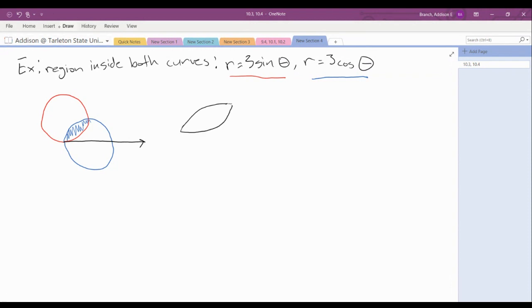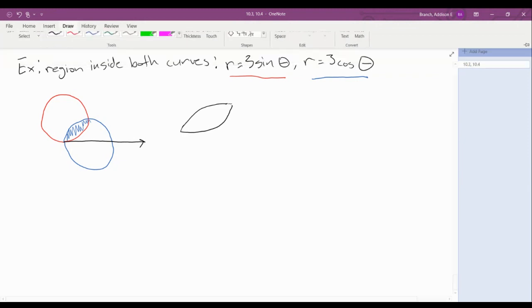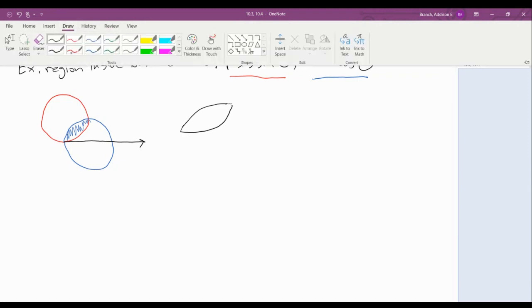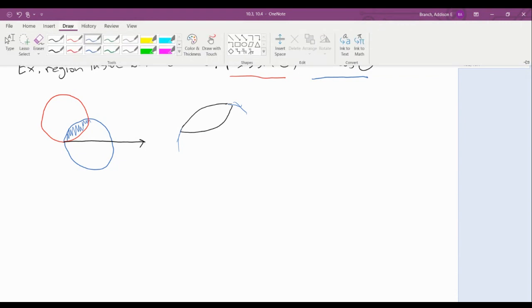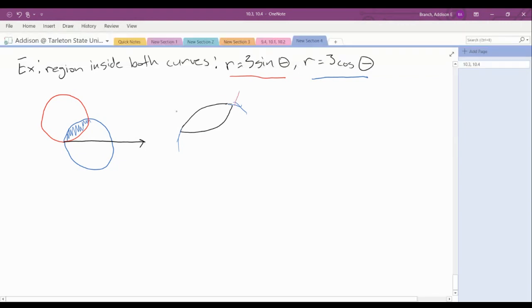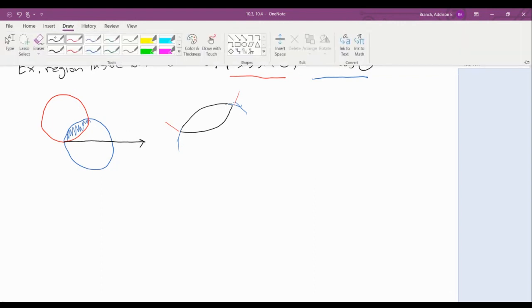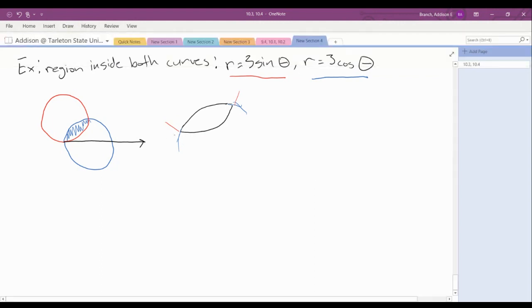All right, so if we look at this, we can see that this region is going to be perfectly symmetrical.